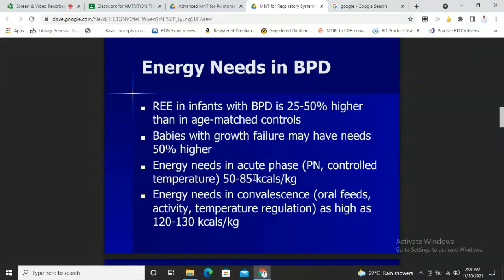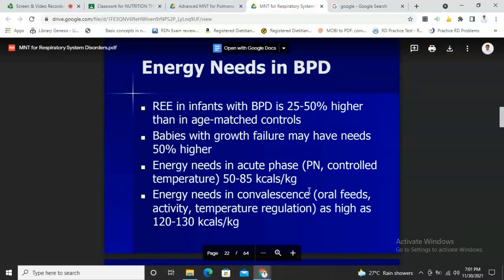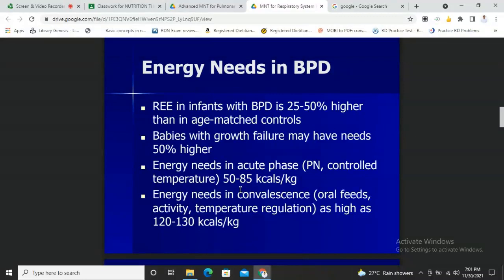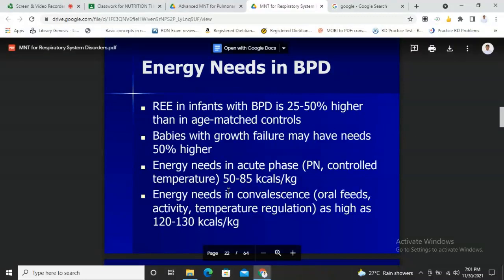Okay, energy needs in acute phase is 50 to 85 calories per kilogram. And energy needs in convalescence, if, for example, kaning acute phase, no, usually naka-intubate sila. Okay, but when they are recovering already, when they are weaned from a mechanical ventilator, then they are in convalescence or recovery.